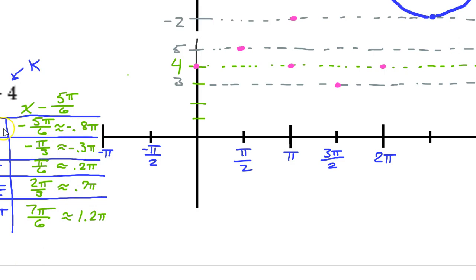Okay, so this first value, the point that used to be at 0 is going to be moved to the left until negative 0.8 pi. So that's almost to negative pi, but not quite. So that's going to be right about here, and so this will be our negative 5 pi over 6.